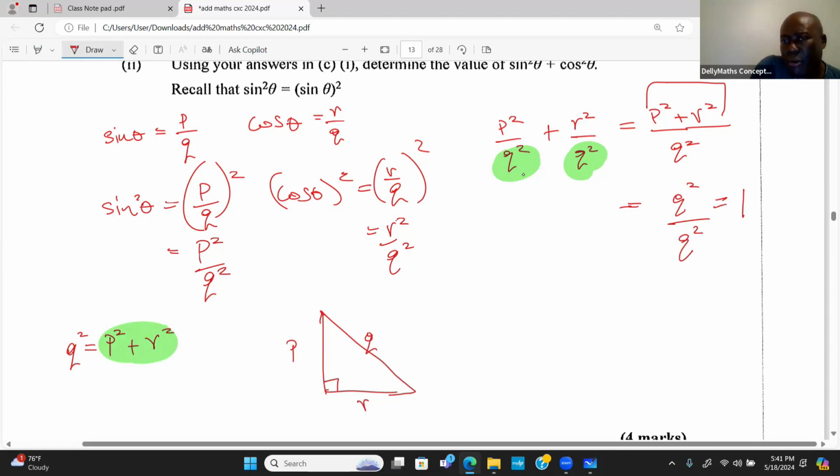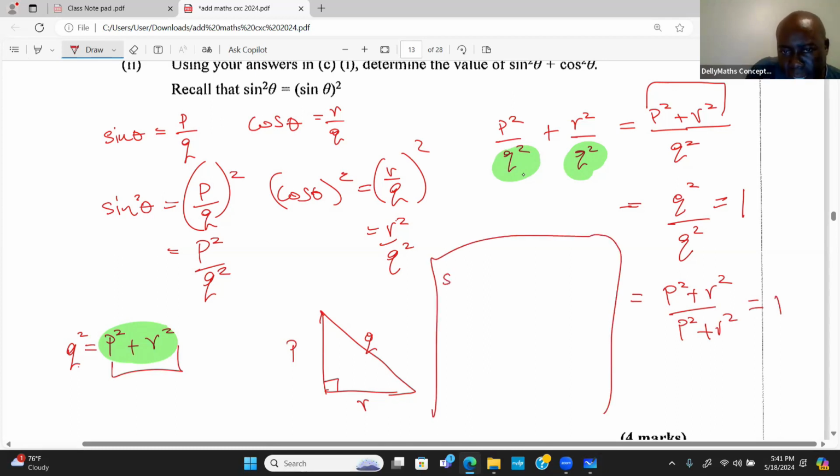If I wanted to do it the other way, I could have substituted Q squared for P squared plus R squared. In other words, I would have P squared plus R squared over P squared plus R squared, and I'm still going to get 1. So the conclusion of what they had asked is that sine squared theta plus cos squared theta is equal to 1. And as you can see, we had proven that right there, right? Let's keep going.